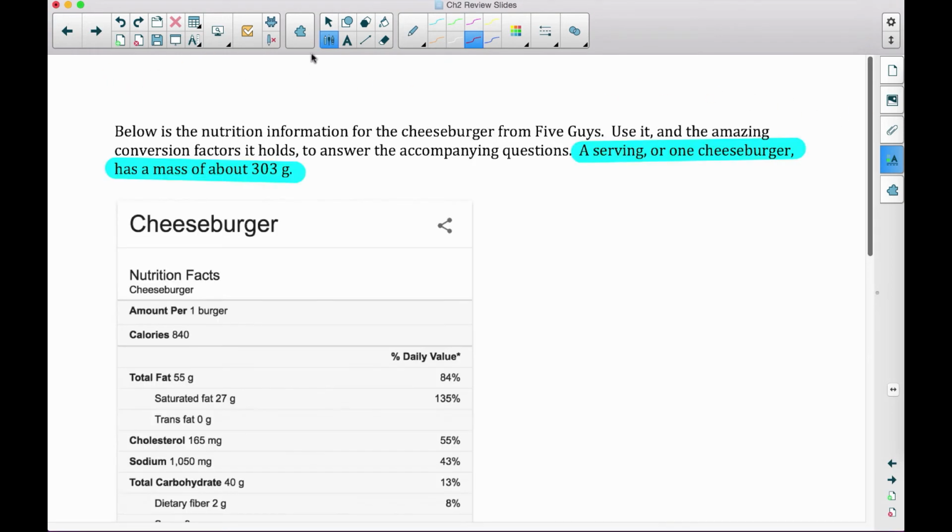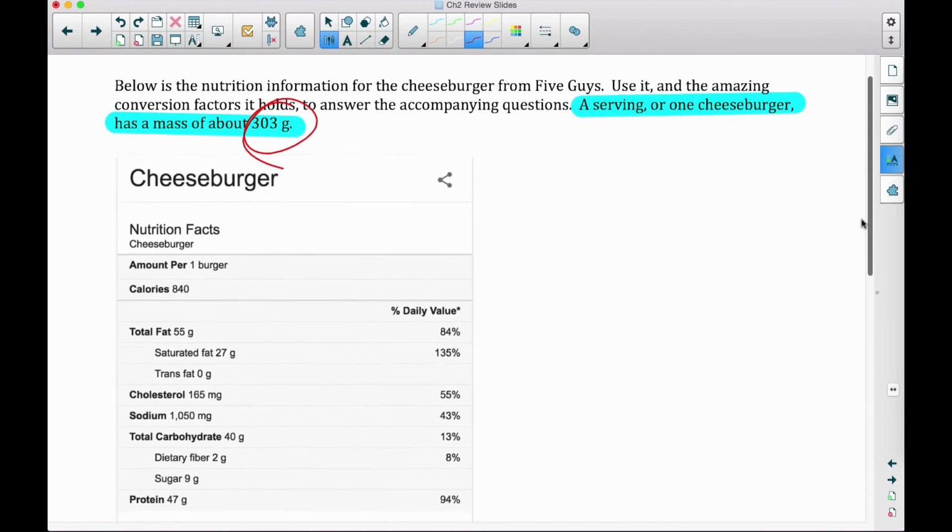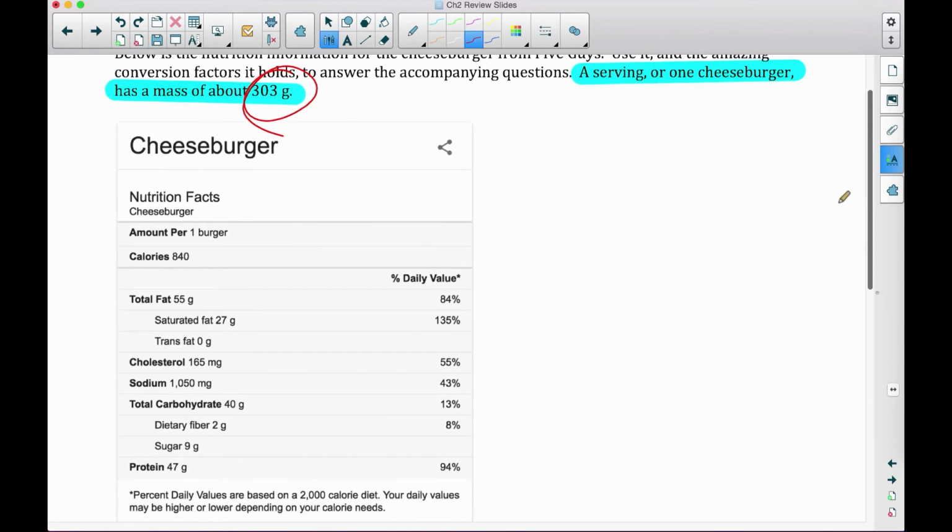All right, I think there's not this page. A serving of a cheeseburger has this mass, by the way, which you'll need later. But anyway, if we look at this, so many things are conversion factors. Here we have lots of conversion factors. We know that 1 burger is equal to 303 grams. We know that 1 burger is equal to 840 calories, if that's what we were interested in.